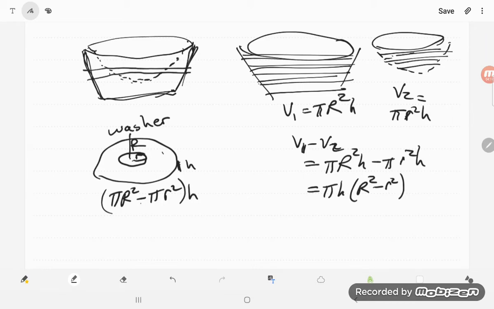So this is the idea of the washer, but to me, the fundamental idea is, well, I took two volumes, and I subtracted the smaller one from the bigger one. And so that's all we're trying to do.